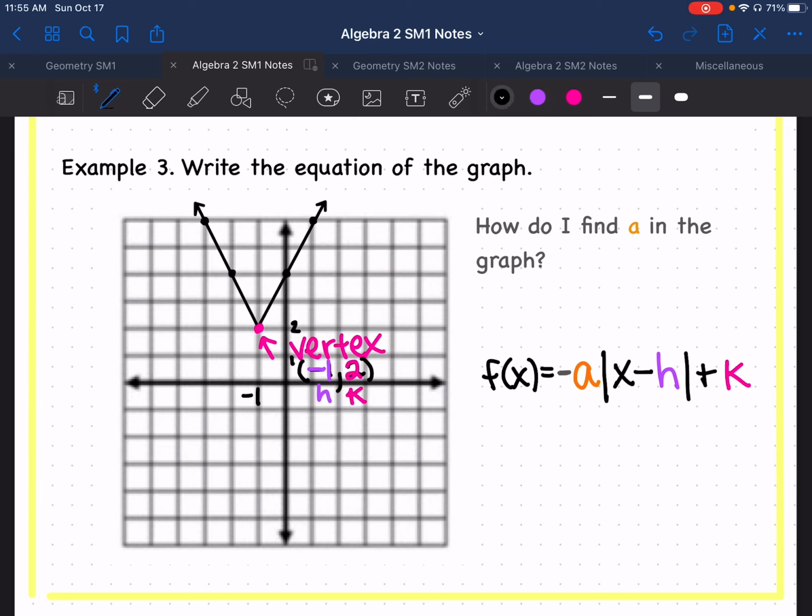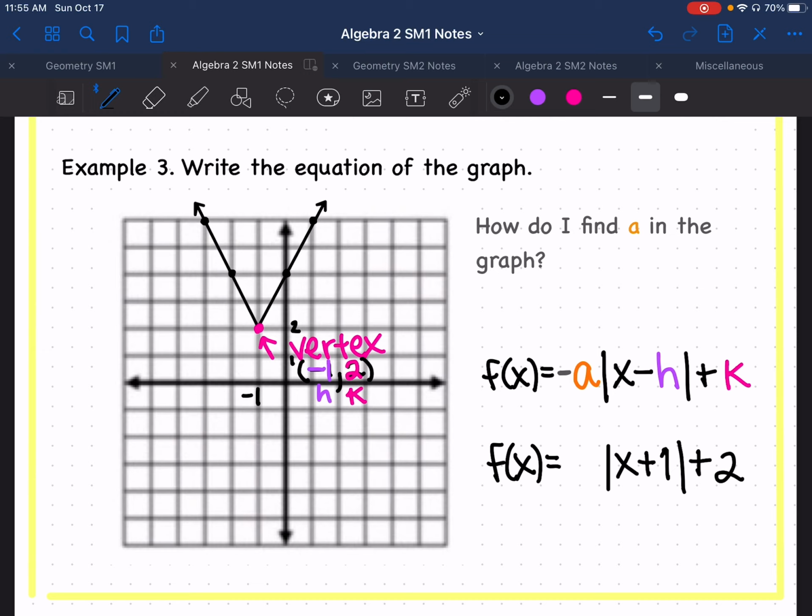So I already can come in here and I can say f of x equals, I'm going to leave some space because I don't know, minus a negative 1. A double minus is going to change to a plus, and then plus 2 because it's a plus 2. The only thing, oh, excuse me, is how do I find A?